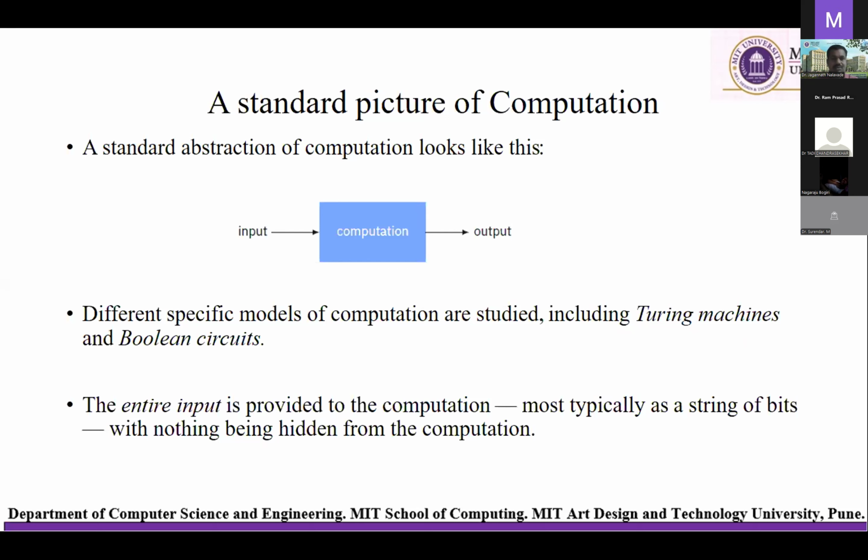These inputs may be in the form of bits, 1 bit, 2 bits, like this. The entire input is provided to the computation most typically as a string of bits, with nothing being hidden from the computation. So in a classical system, this is the standard picture of computation.